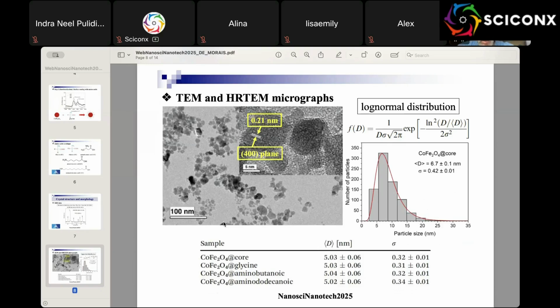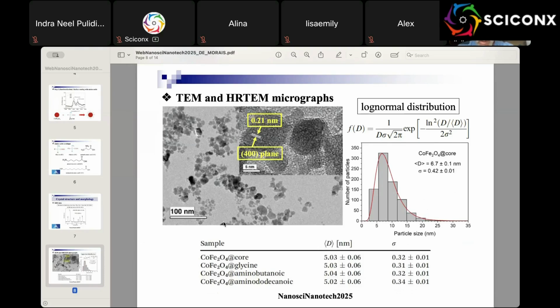So in the lower part of my slide, I show a table that collects the extracted morphological data, not only for the native, which is the first row. I denote that as cobalt ferrite core, so that's the core for one set of synthesis.